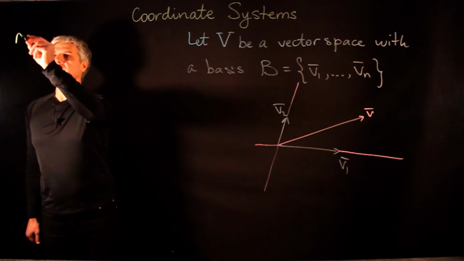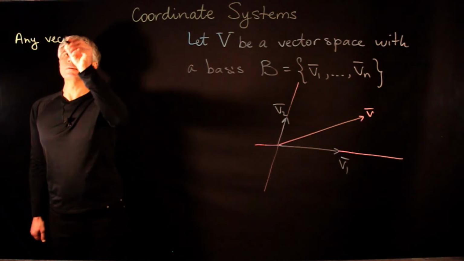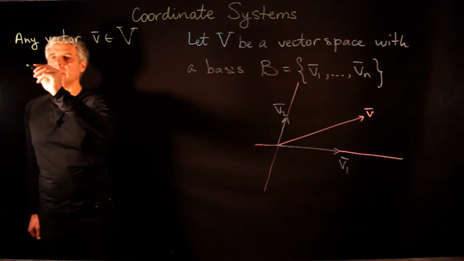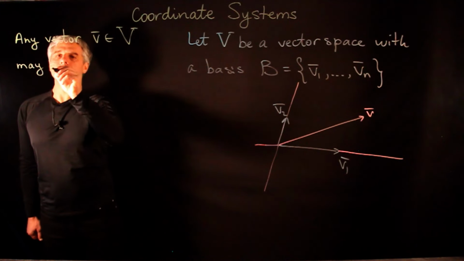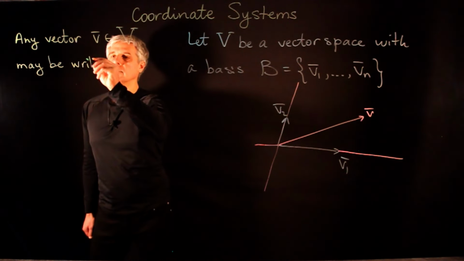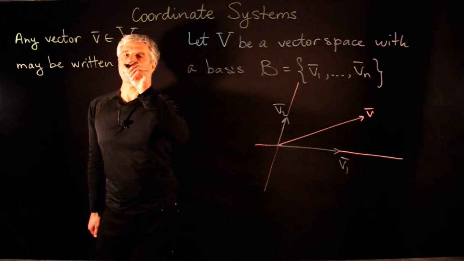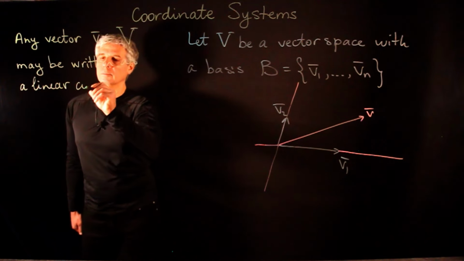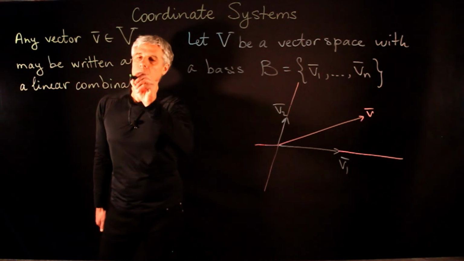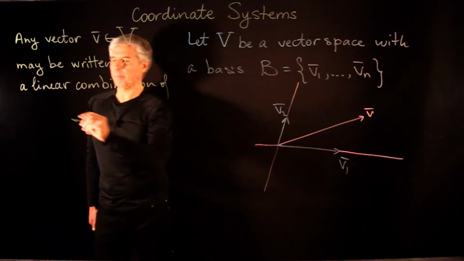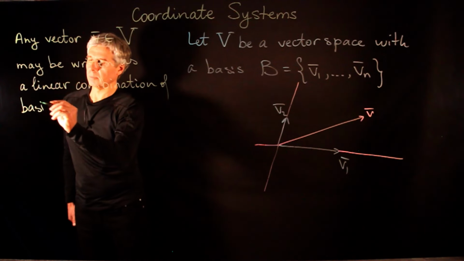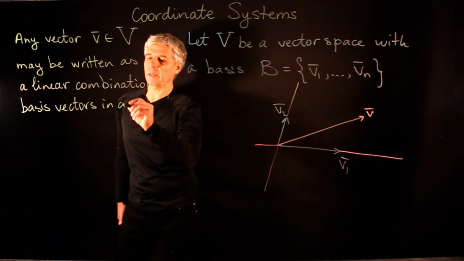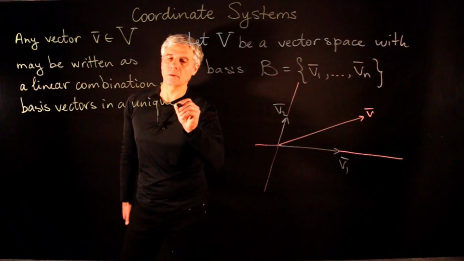We point out that any vector v in this vector space V may be written as a linear combination of basis vectors in a unique way.